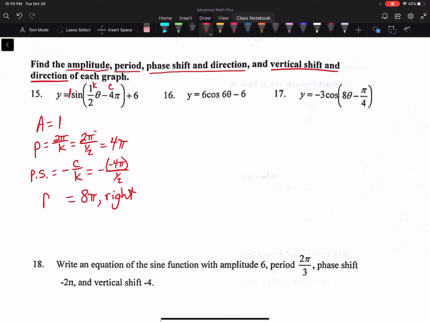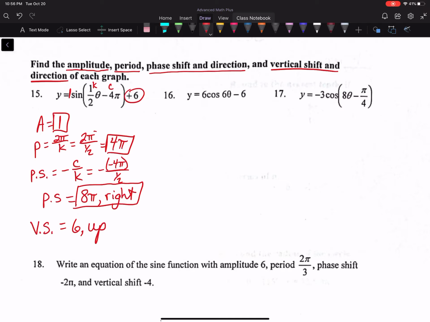Okay, that's my phase shift: 8 pi to the right, period 4 pi, amplitude 1, and finally my vertical shift, which is easy to see, is 6 up. Very, very quick and easy. Again, amplitude and vertical shift, you should not miss those. Period and phase shift, you have a little bit of figuring to do.